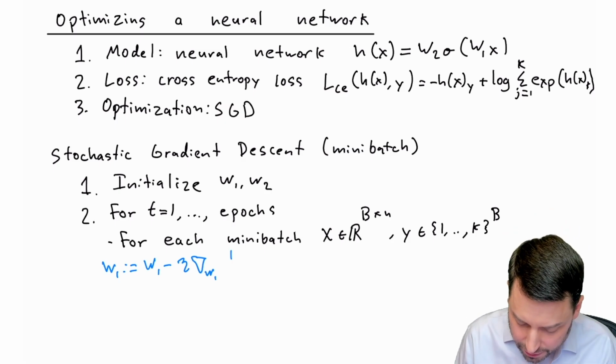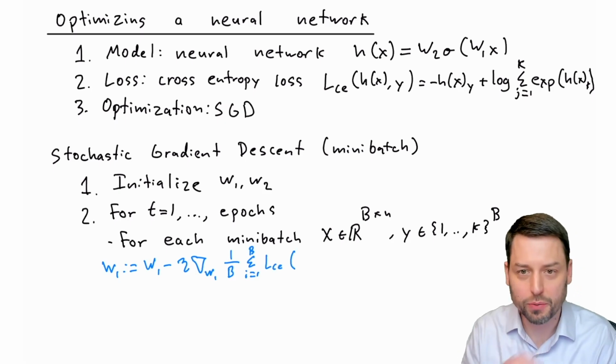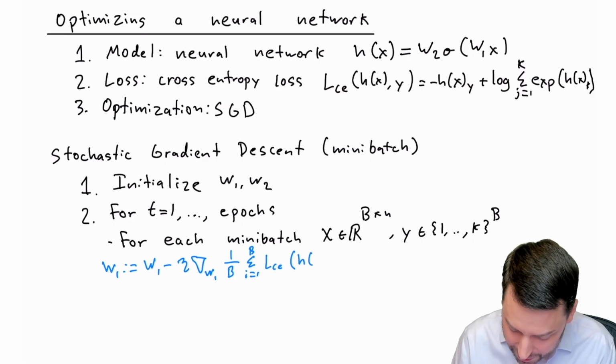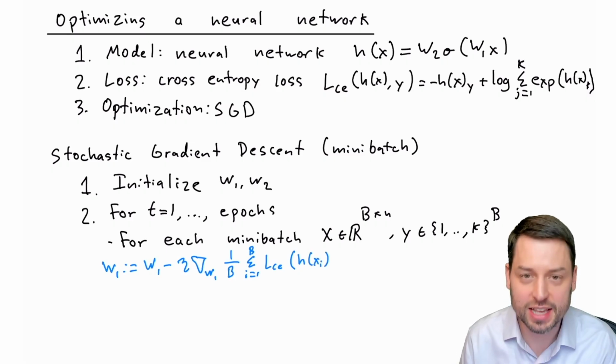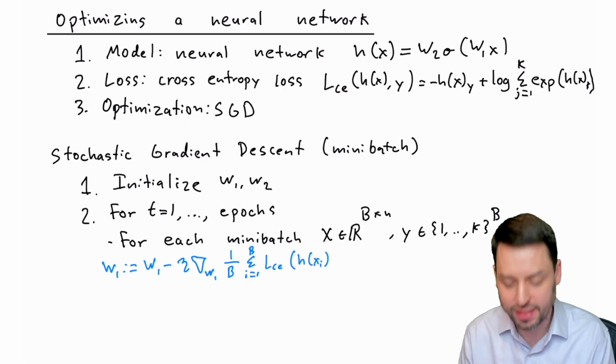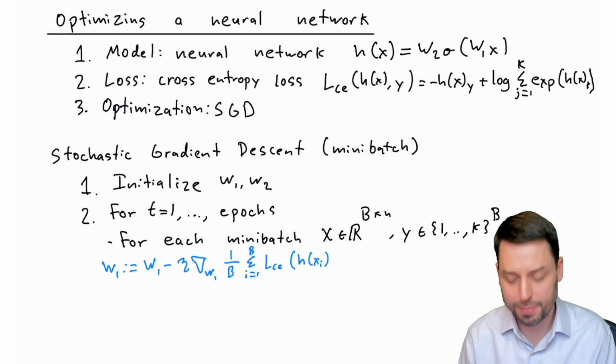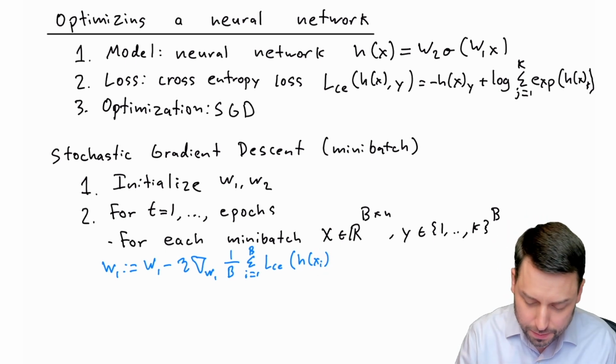But all this is 1 over b times the sum from i equals 1 to b of the loss of our model applied to the ith example in the batch. Here xi denotes the ith example in that mini batch.